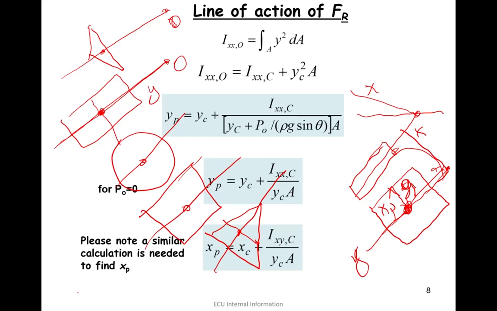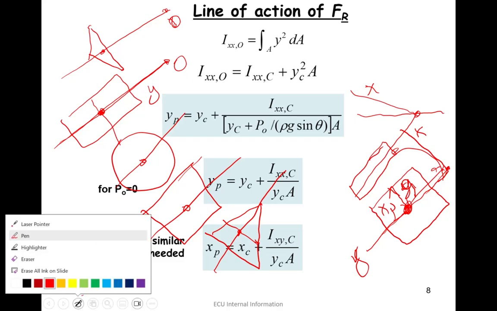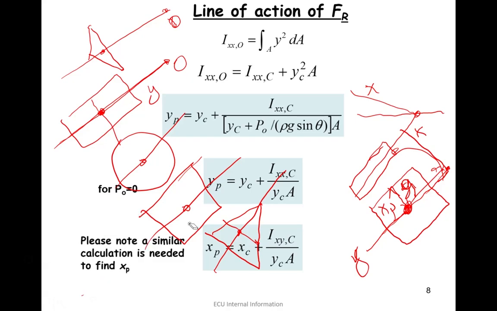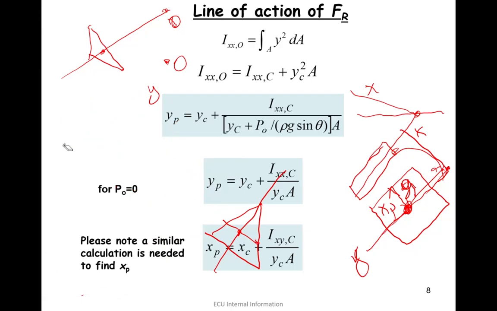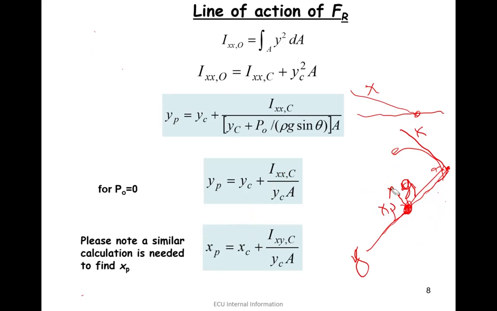So if any figure has an axis of symmetry, we can simply assume the y direction is along the axis of symmetry, and then we can assume xp is 0.